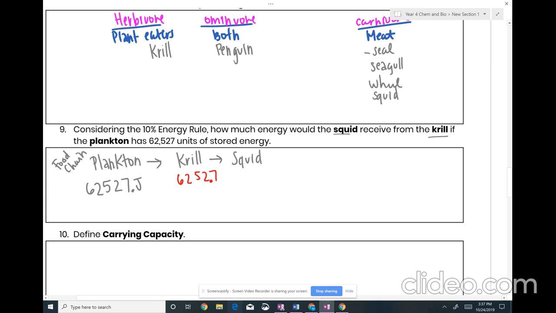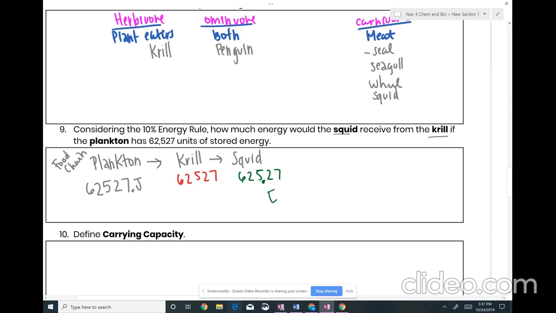So now I'm going to talk about my squid energy, which is what I'm solving for in this case. So I look at this, and I'm going to move my decimal point one more time. 62527. Now I'm going to move my decimal point right on there, and that would be the energy that my squid receives.